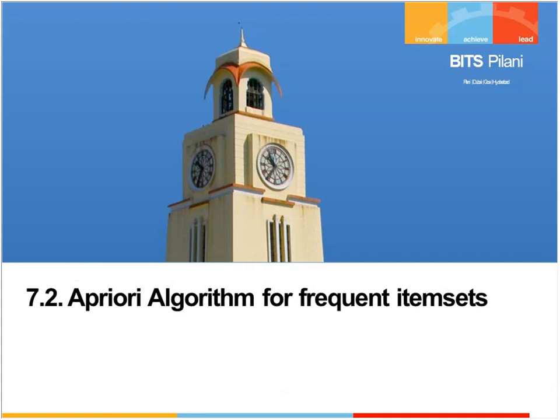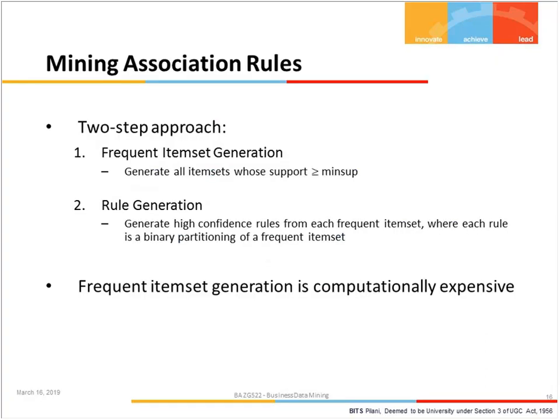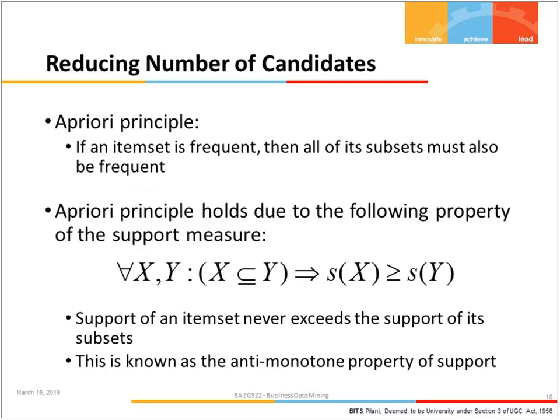So we will look at a specific algorithm, which is the Apriori algorithm. The Apriori algorithm uses the Apriori principle, which says that if an item set is frequent, then all its subsets are also frequent. It's pretty common sense, right?